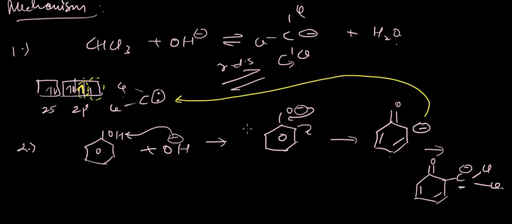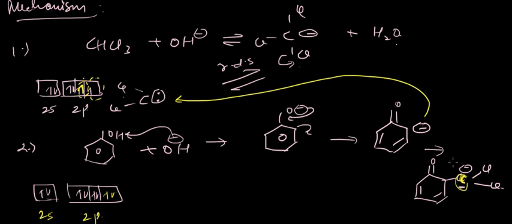So we'll get something like this as the configuration, in which all the pink colored electrons are the original carbon electrons, the carbene's carbon electrons, and these two electrons are given by this carbon atom. One is the bond pair and one is donated. Okay, so we get this structure.